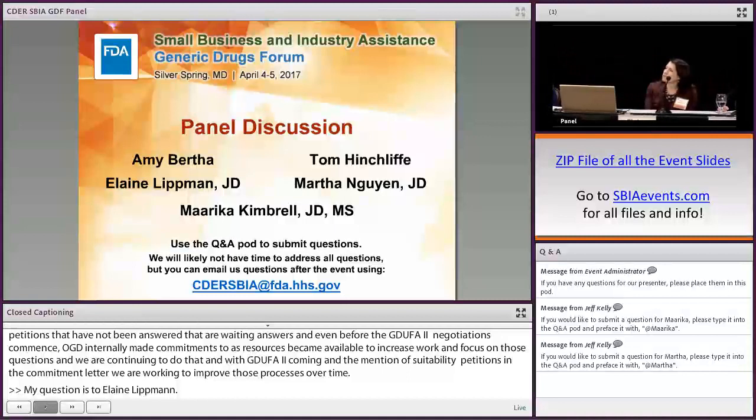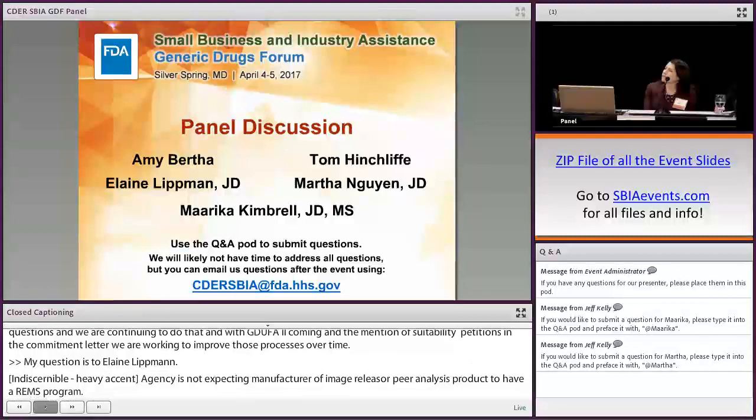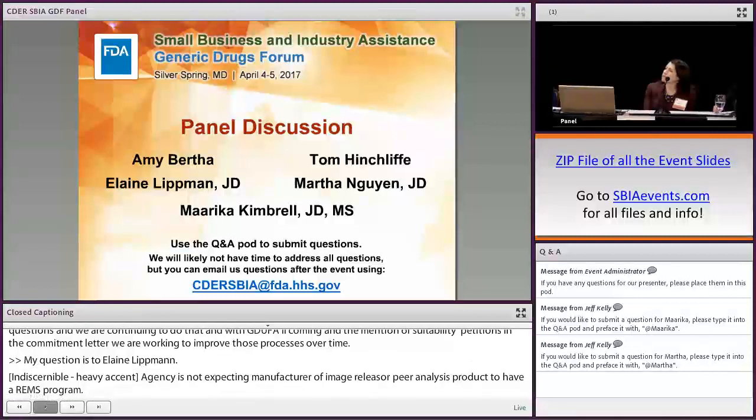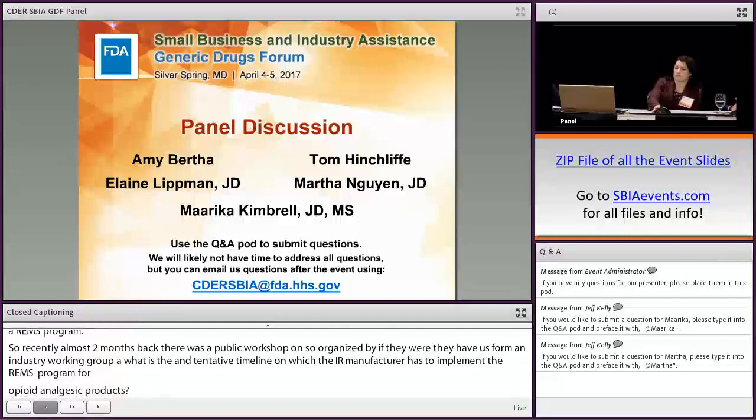Even before the GDUFA 2 negotiations commenced, OGD internally made commitments to, as resources became available, increase work and focus on those questions, and we're continuing to do that. And with GDUFA 2 coming and the mention of suitability petitions in the commitment letter, we are working to improve those processes over time.